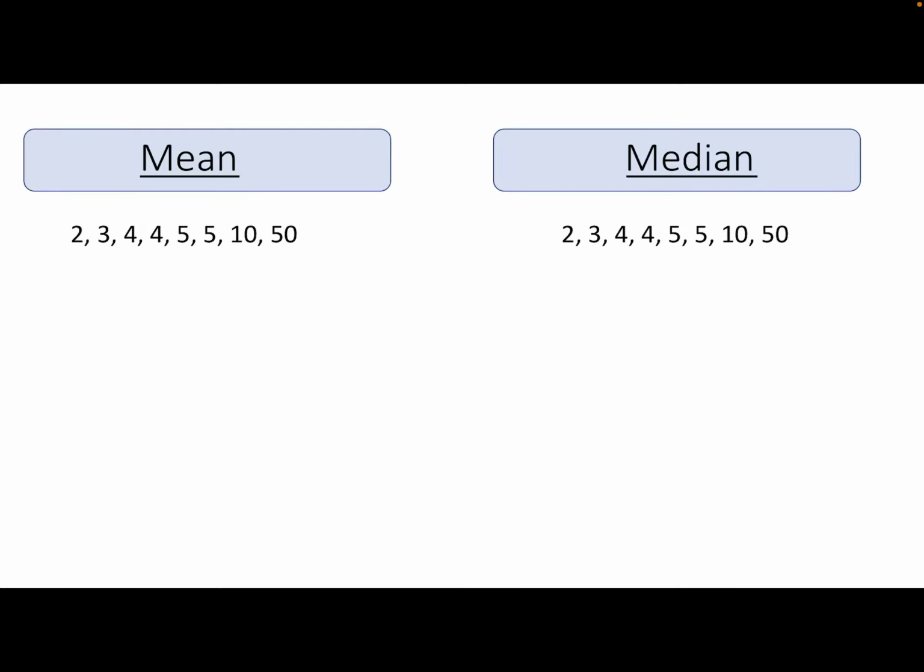So to find the mean, I know that I'm going to add all of these up and then divide. So when I add them all up, I get 83. I'm going to divide by 8 because there are 8 values. And then divide, and I'll get 10.375. So the mean here is about here.